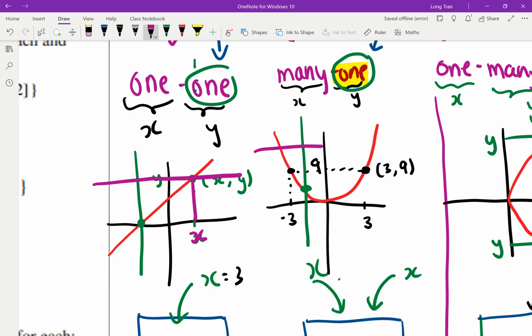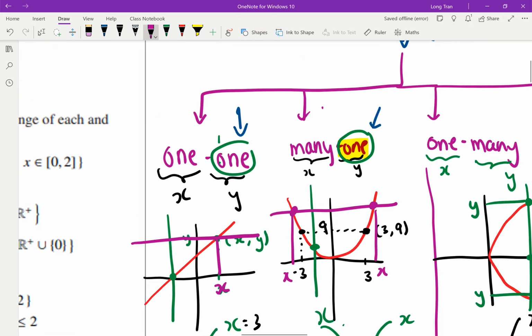If I do a horizontal line over here, can you see how it crosses twice? If it crosses twice, that implies you have now two x values. And if you have two x values, that implies many of these x to the one y value. Okay, so I do encourage you not to memorize these, but more to understand when you do the lines, what do they tell you?